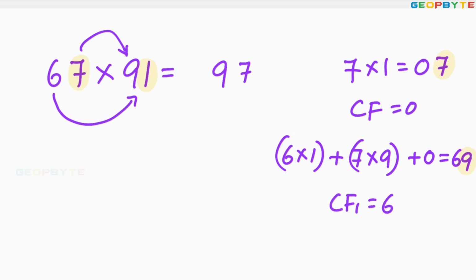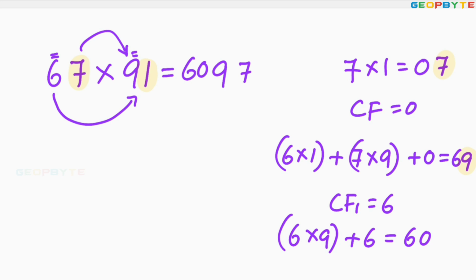Now you multiply this 6 with 9. 6 into 9 plus carry forward 6 equal to 60. 6 into 9, 54 plus 6, 60. You put that value here for getting your answer. So 67 into 91 is equal to 6097. I hope you are all clearly following.